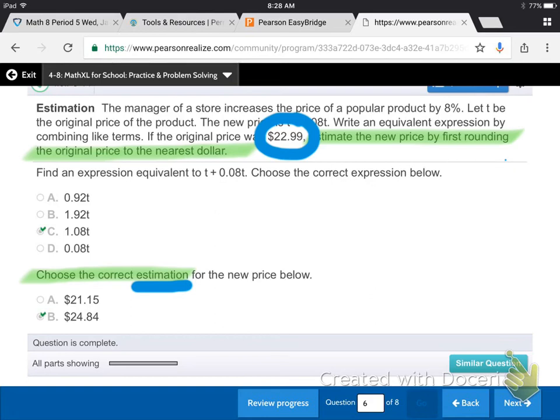That's 23. And that's T. So based on this expression right here, we're going to multiply that by 1.08. So the answer has to be slightly more than 23, not too much more. So you'll see when you see the answer choices that this one right here is really the only one that is a good guess, because it's the only one that's slightly more than 23. So that's what an estimate is.